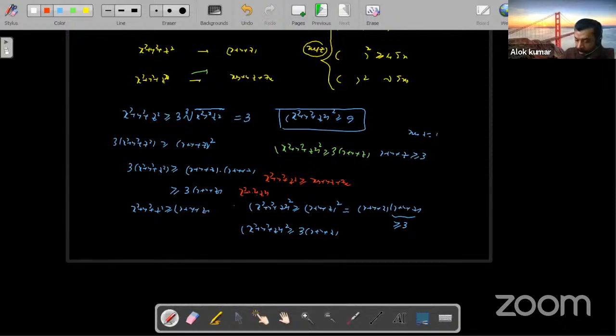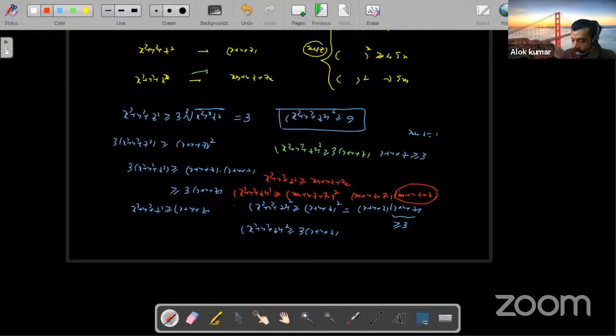So (x²y²z²) whole square is greater than or equal to (xy + yz + zx) whole square. And now I want only xy, yz, zx. I do not want anything else. So I will keep one (xy + yz + zx), and one I separate (xy + yz + zx).